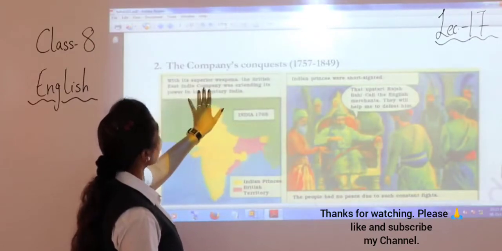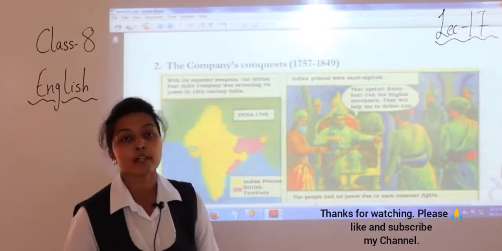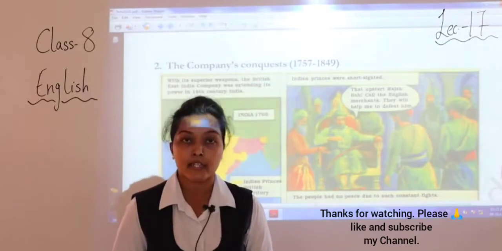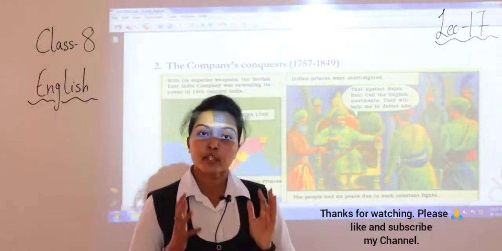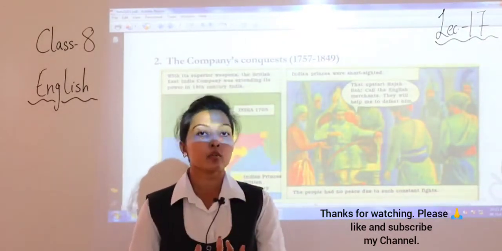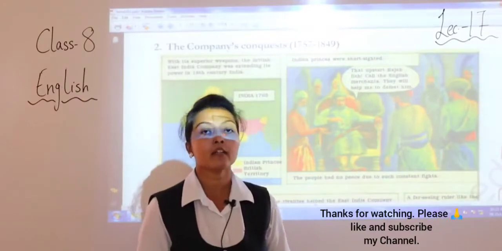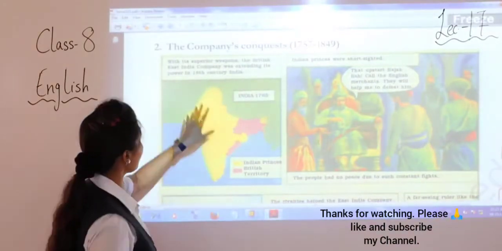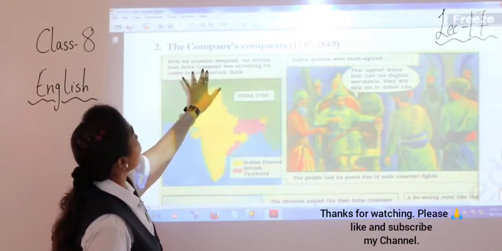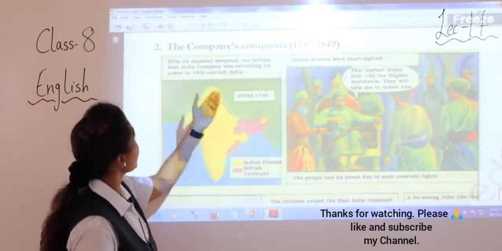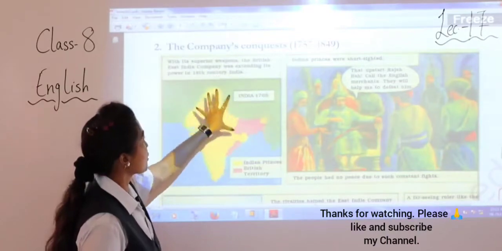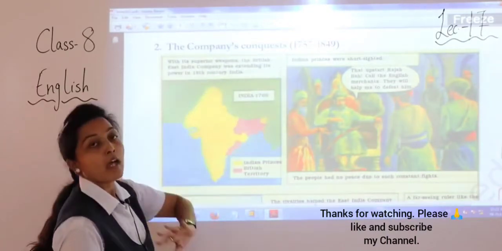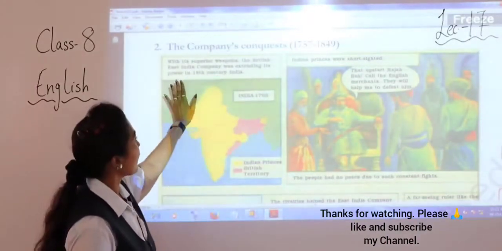As we know very well, when the Britishers entered India, they entered with the thinking that they were going to start a business here. So in the 18th century they were enlarging their power.